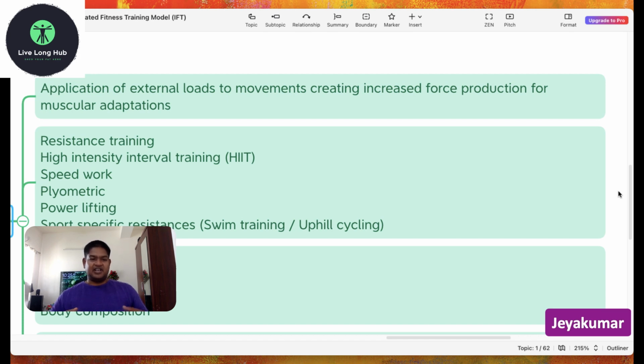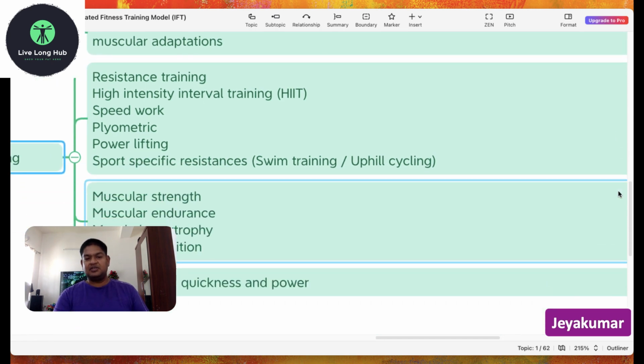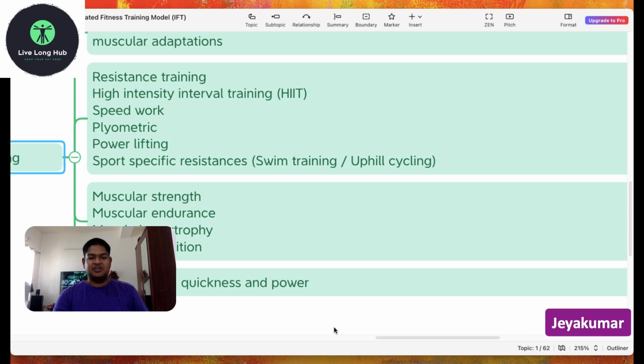Plyometry is basically using your body as a weight, and then you give a movement. And then power lifting, and last is sport specific resistance like swim training or uphill cycling.